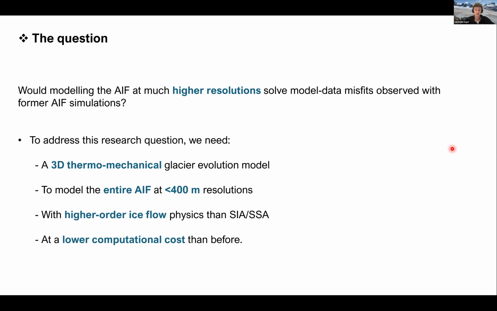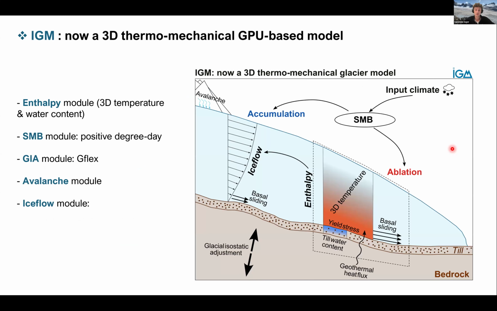Because if you start to model really steep topographies, you really need something that takes into account both the vertical and horizontal components of the strain rate. And therefore you need high order physics. And ideally, you want to do all this at a lower computational cost in order to run many simulations and tweak parameters and explore your parameter space. And now we are actually able to do this.